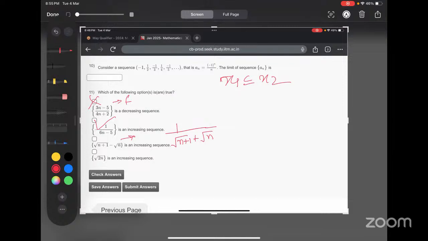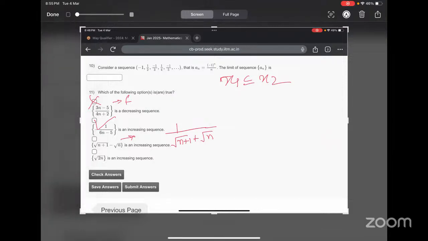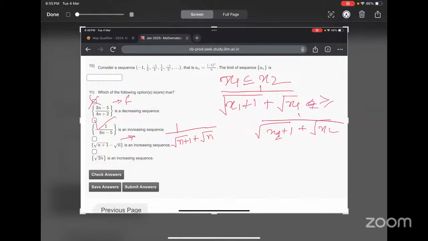Then we know that if x1 is less than or equal to x2, then x1 plus 1 plus root over x1 will be less than or equal to x2 plus 1 plus root over x2, right? And once you take the inverse, it will be reversed. Greater than. So this x1 is decreasing. x2 is f of x1, x2 is not increasing.